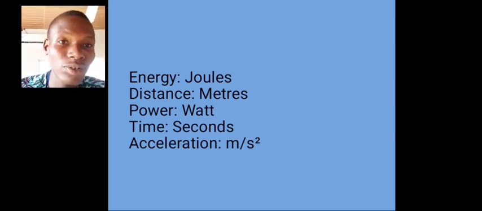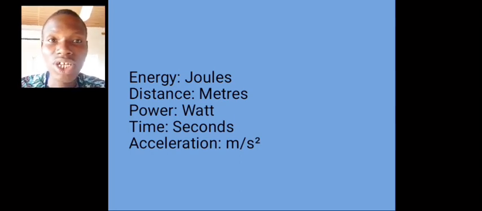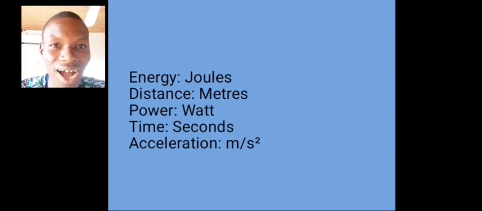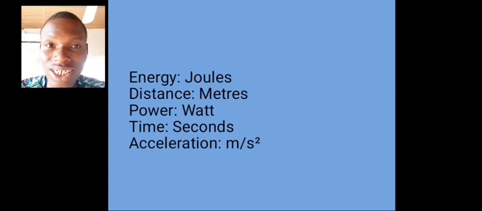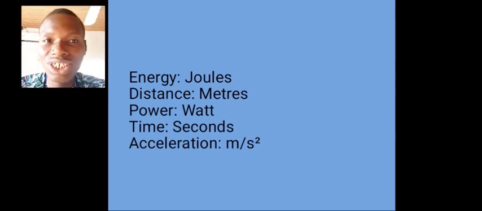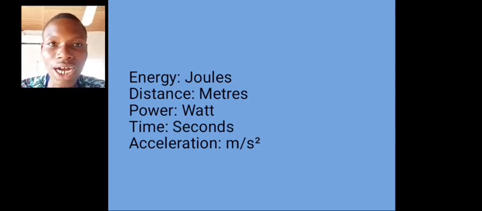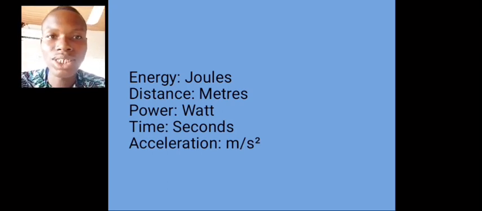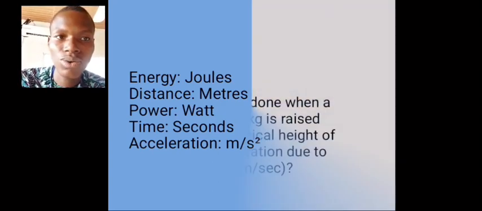Other units for time that you're already familiar with are the minute, the hour, the day, and years. How old is he? We measure age in years. It's a unit for time. I can also convert that to seconds. Then the unit for acceleration is meter per second squared.